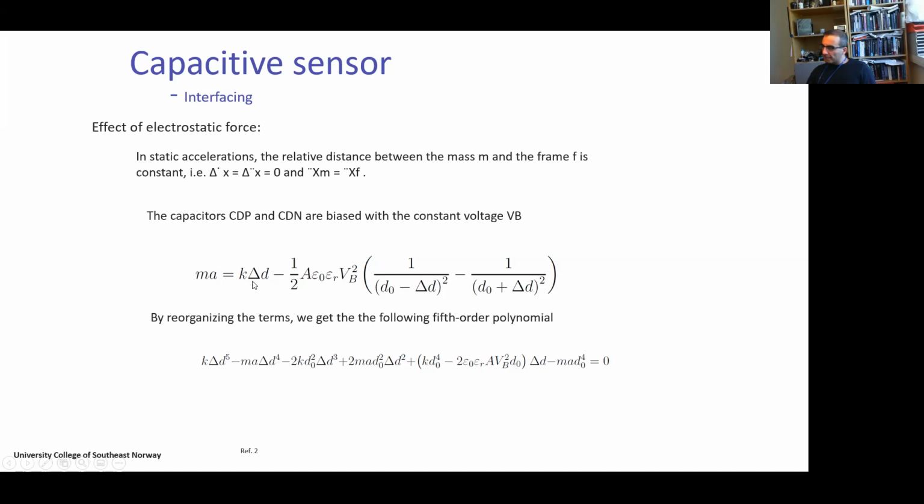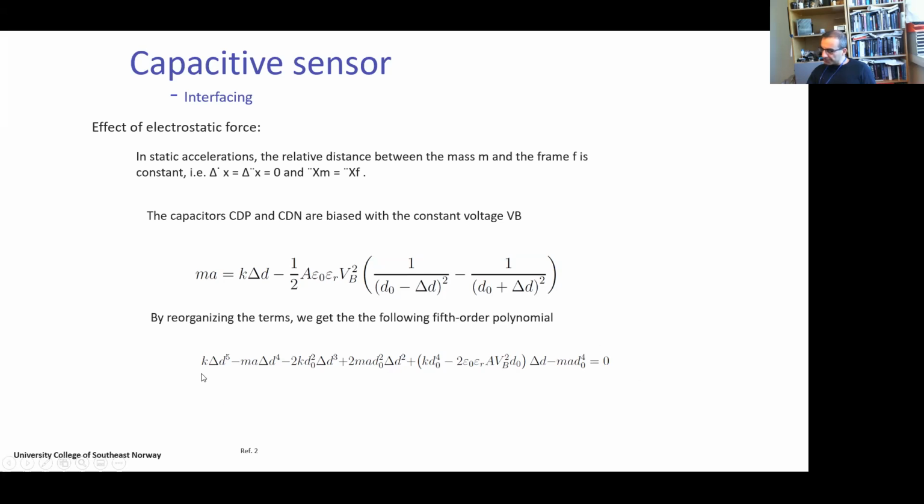So this is the expression for our system. M is the mass, A is the acceleration, and it is equal to the expression for the capacitance changes. If we reorganize this and rewrite it such that we get a fifth order polynomial, then we get this expression.